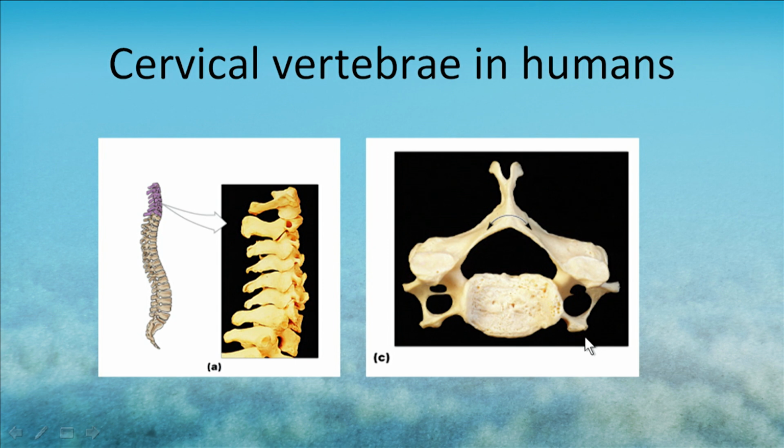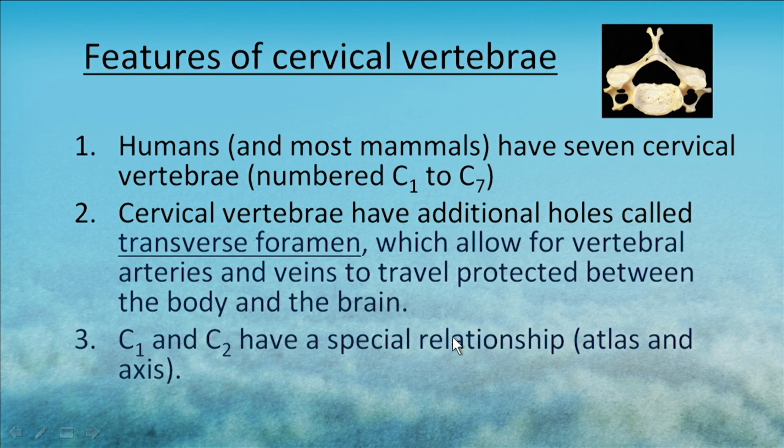It looks a little different, especially with these additional little holes here. As it turns out, those holes are called transverse foramen, and they are unique to cervical vertebrae. Those transverse foramen allow additional arteries and veins, vertebral arteries and vertebral veins, to travel between the head and the body.